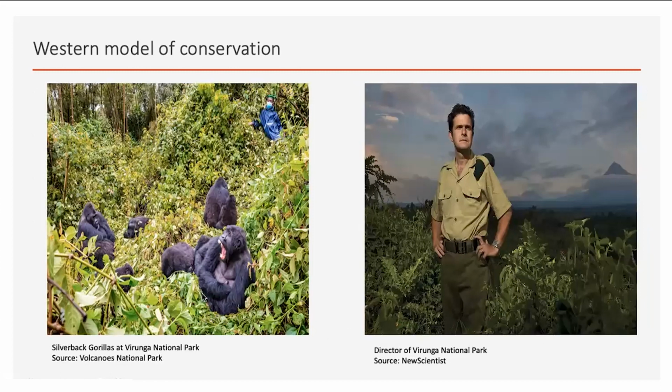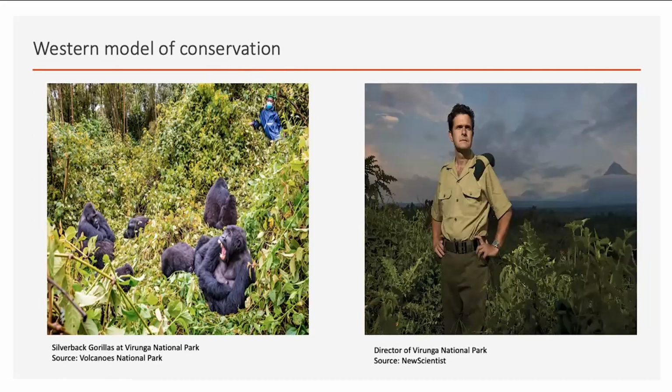The Western model of conservation, again, where you have a mostly white staff imposing themselves on the landscapes of Africa, but also you have wildlife on the side with no one in there, right? There are no people involved within those spaces.